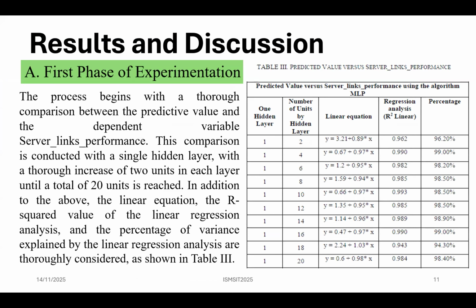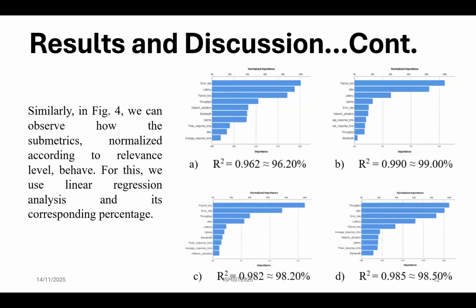In addition, for the linear equation, there is the R-squared value of the linear regression analysis and the percent of variance explained. This is shown in some graphics in Figure 4. We can observe how the submetrics are normalized according to the relevance level we have. For this, we have used a linear regression analysis and its corresponding percentage.